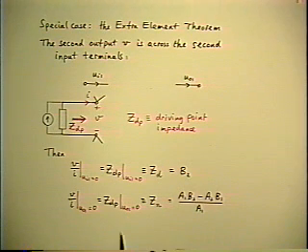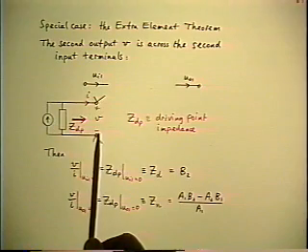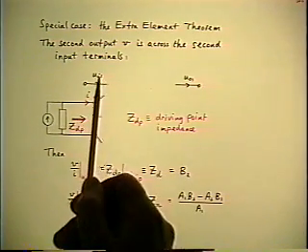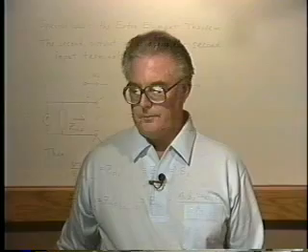So translating the result now to the special case, you get two different answers for the driving point impedance at a specific pair of terminals, depending on what the hidden input is doing. Okay, that's the second intermediate result.